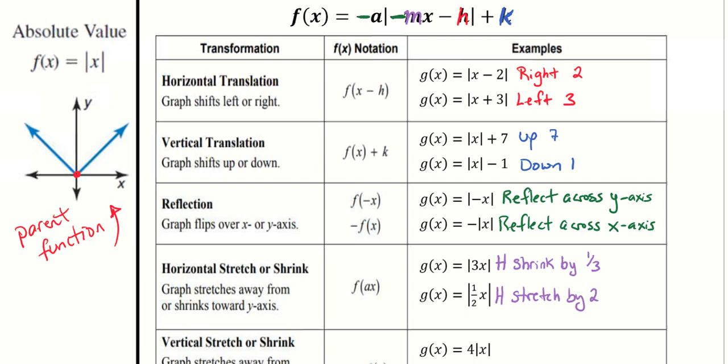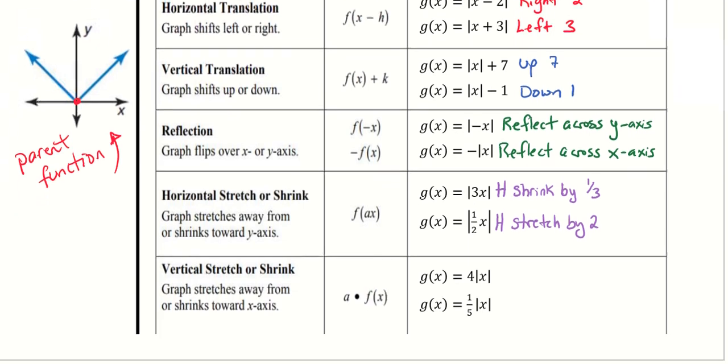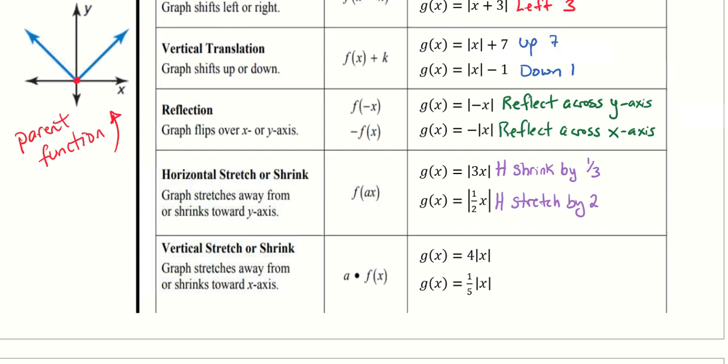So what about if there's a number on the outside, being multiplied on the outside? How is that going to affect our graph, our function? Well, this is a lot easier because it says what it means. So here, with the 4 on the outside, we'll have a vertical stretch by a factor of 4.